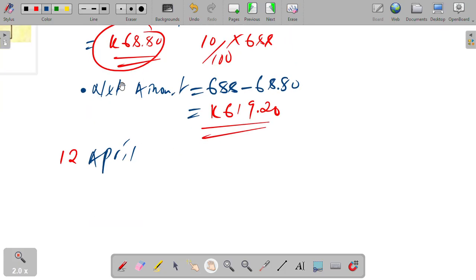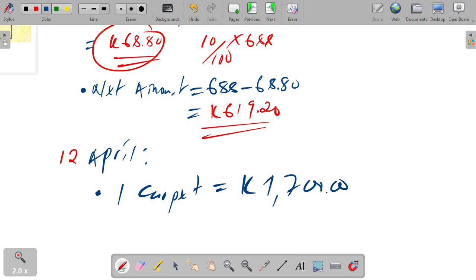As accountants, we're going to say one carpet was equal to 1,700. Okay, did we have any discount? We say no discount. So we are done with extracting the information.